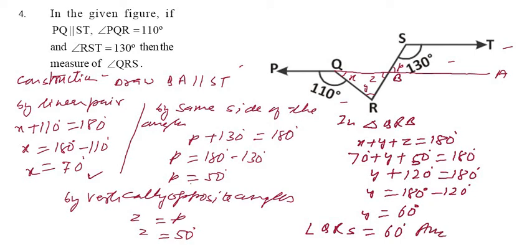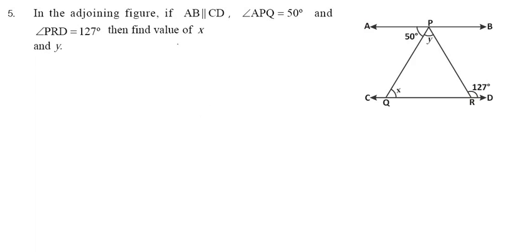Now come to the next question, and that one is the fifth question. AB is parallel to CD. You can see AB and CD both are parallel. And the angle APQ is here 50 degrees and the angle PRD is given as 127 degrees. Find the value of X and Y. So X and Y are here.